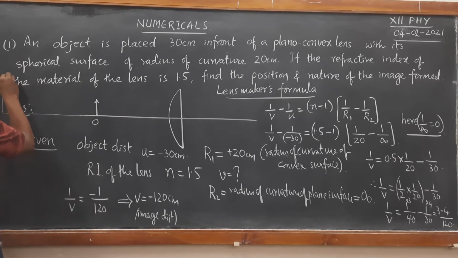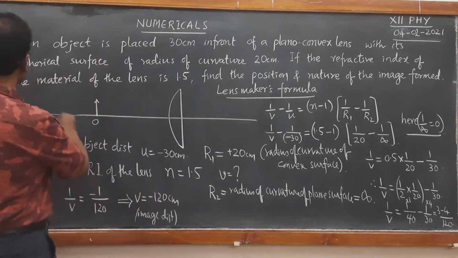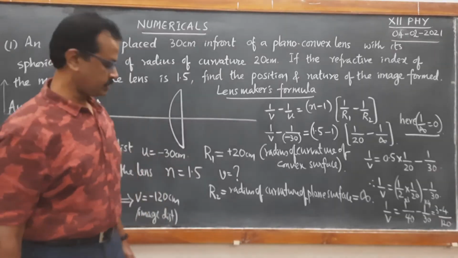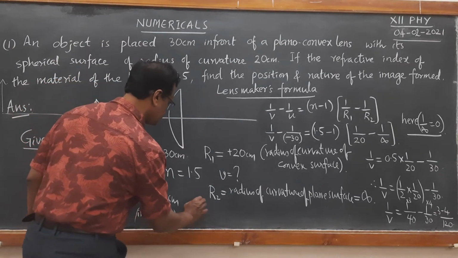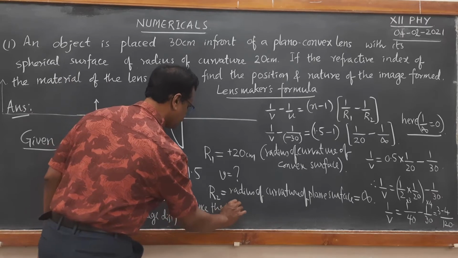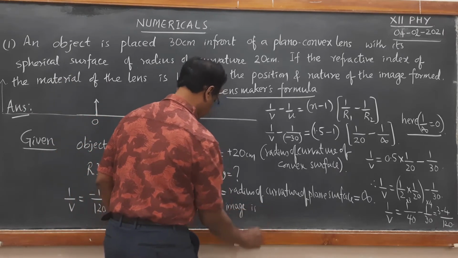When the image is formed on the same side, definitely it's going to be a virtual image, since the image is at −120.